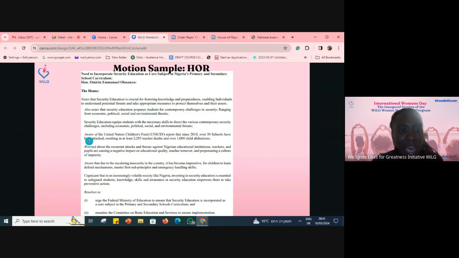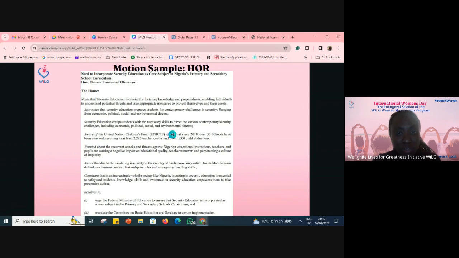You see that they say aware of the United Nations Fund's report that states since 2018, over 30 schools have been attacked, resulting in about 2,295 teachers' deaths. That's a large number, and over 1,000 kids' abductions.